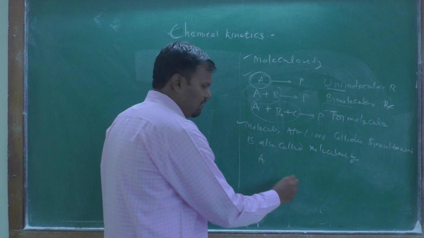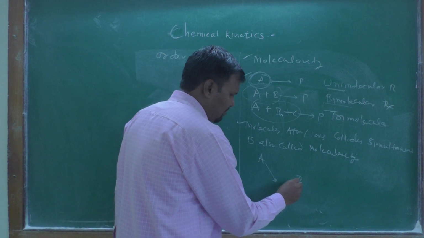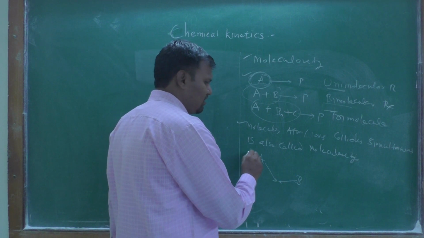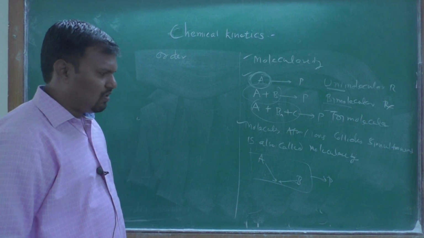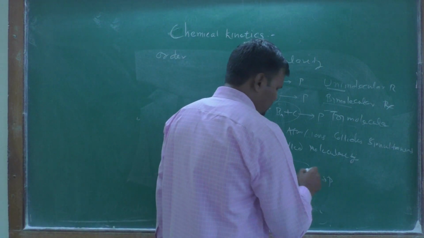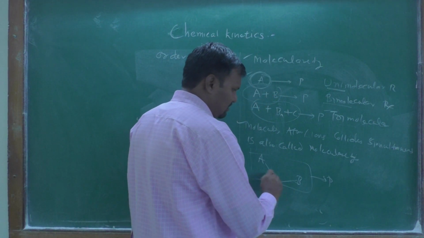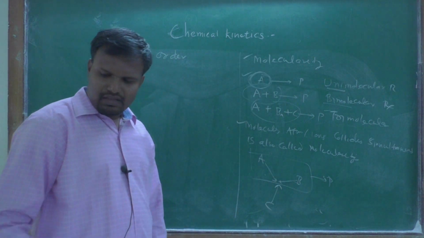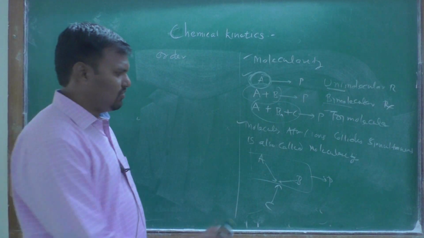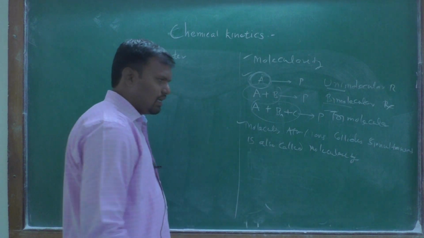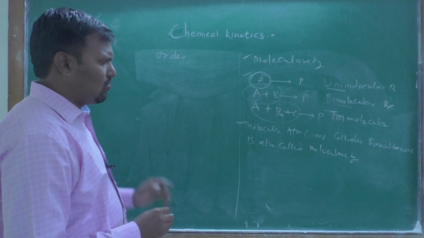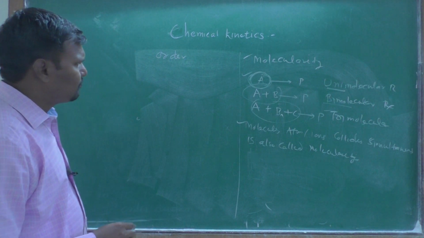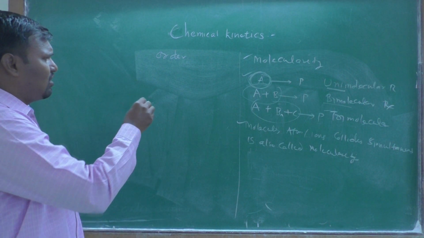Suppose A and B collide at the same time, then the reaction is bimolecular. And if three molecules collide, the reaction will be trimolecular. This is again one of the definitions of molecularity. Then we define the order.